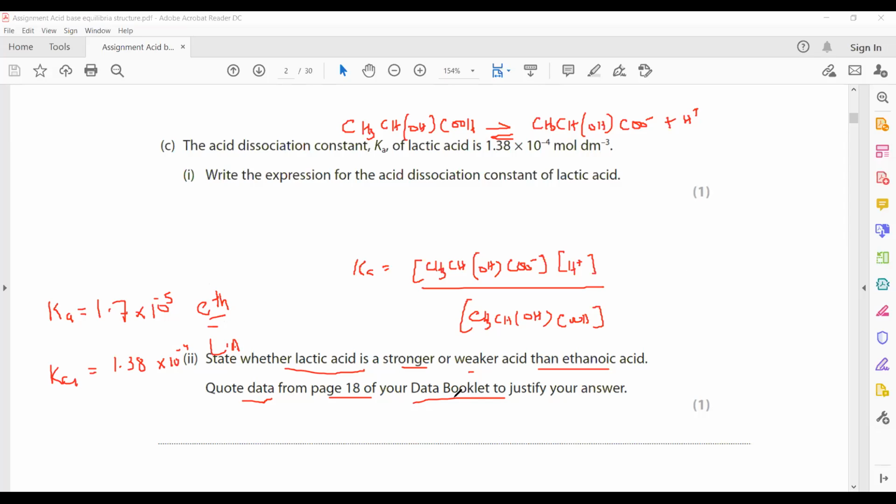If the dissociation constant is higher, it shows that lactic acid is a stronger acid compared to ethanoic acid. And you can quote the values for the dissociation constant and compare, and mention that Ka for lactic acid is higher compared to the ethanoic acid value.